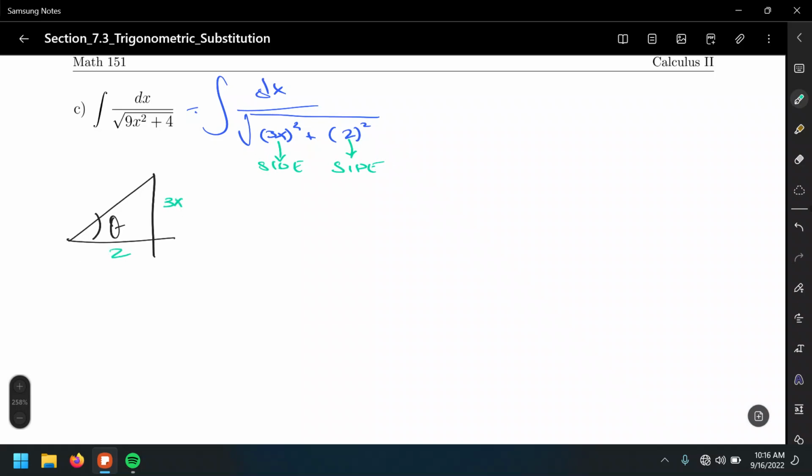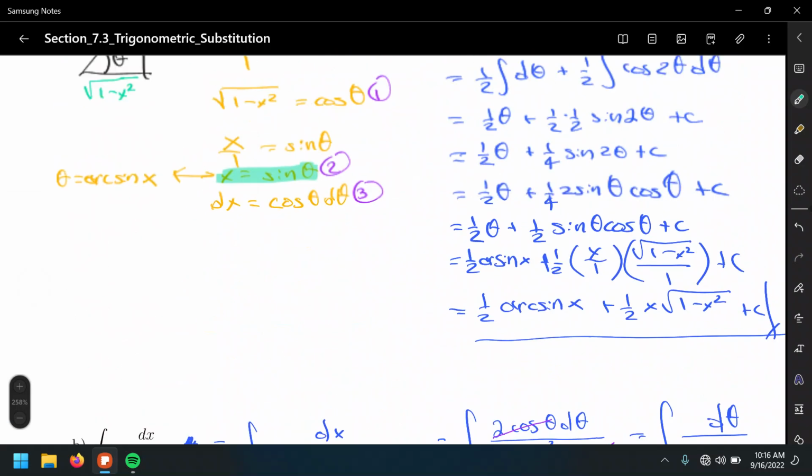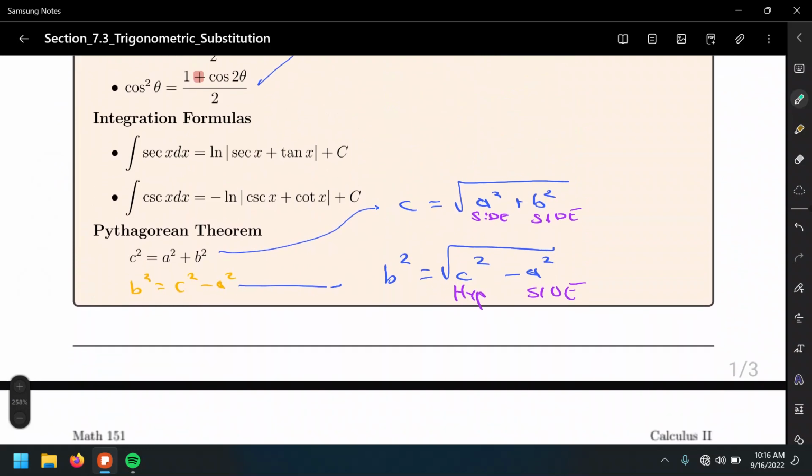How do you determine those are both side lengths? Okay, let me go back to what we discussed last time. This is how the Pythagorean theorem looks, right? Hypotenuse squared equals side squared plus side squared. So when you're given the two sides of the right triangle and asked to find the hypotenuse, when we solve that equation, it's going to look like a sum of squares inside of the radical.